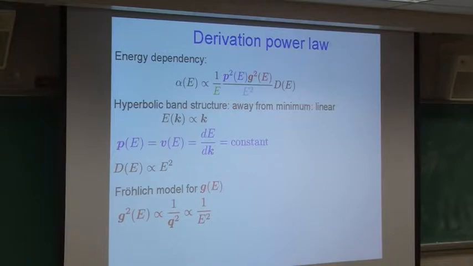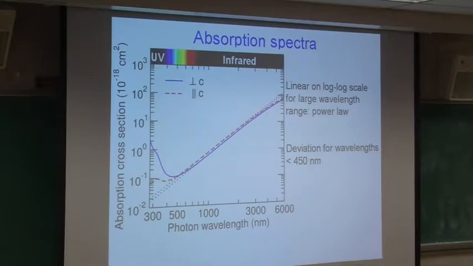So now we have expressions as function of energy for each of those terms. You can simply combine them, and we find that the absorption coefficient is proportional to 1 over the cube of your energy, or if you want to express this in terms of wavelengths, that your absorption coefficient is proportional to the cube of the wavelengths. So that explains the power law. So that explains this whole range.